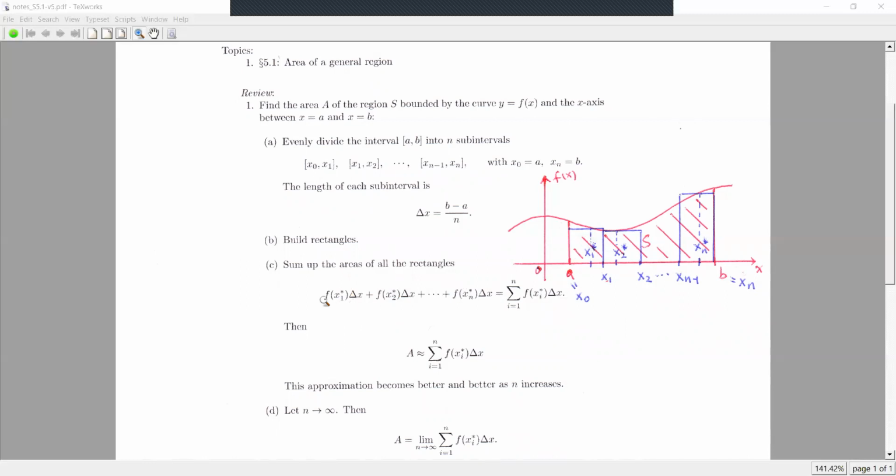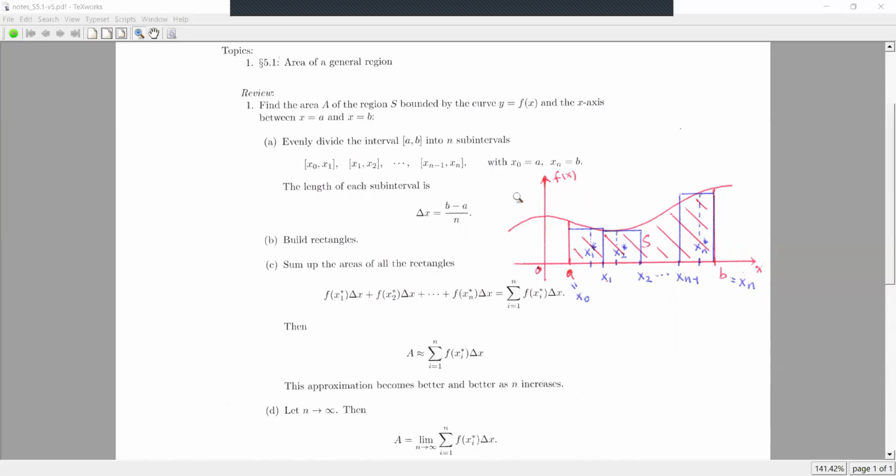Base times height is the area of the first rectangle. Area of the second rectangle is base times height. Base, again, delta x, height, function value at x2 star. So compute the area of each rectangle, then make a sum of the areas.